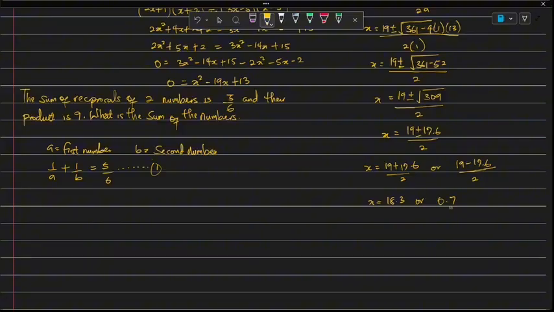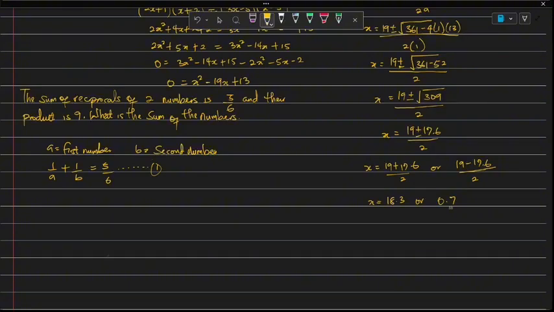We don't know these two numbers. We don't know what A is or what B is. But when we did the reciprocal of A is 1/A, and the reciprocal of B is 1/B, when we added both of them together, we got 5/6. Yeah? That's equation 1. They give us another statement.